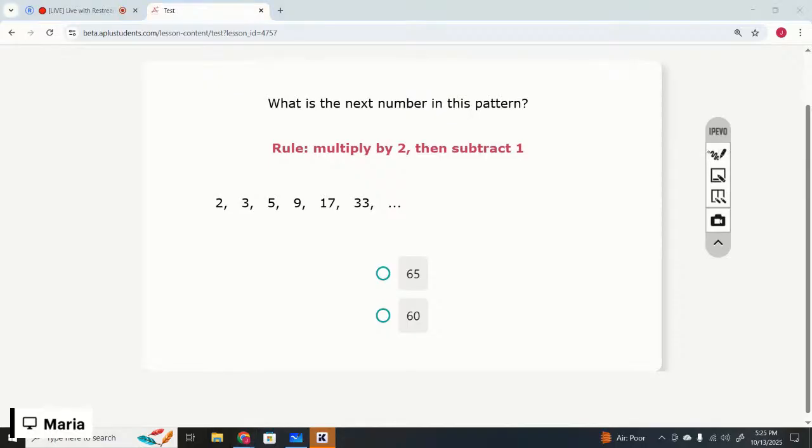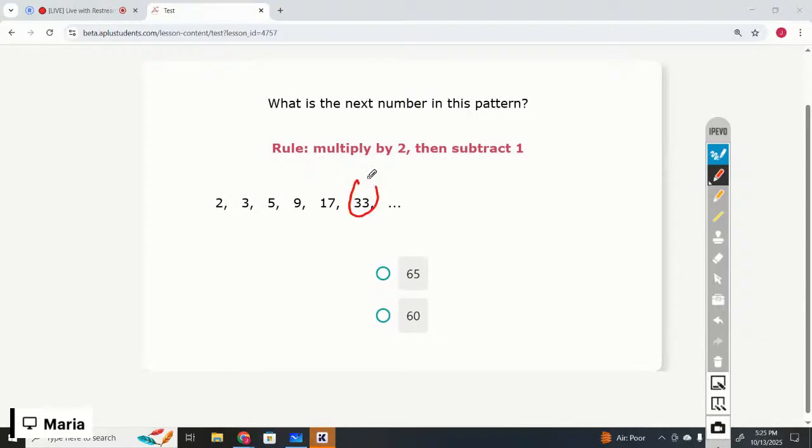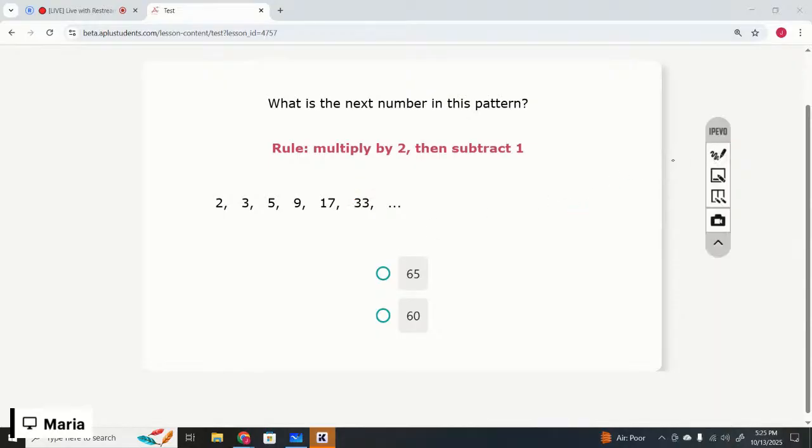You need to multiply the last number by 2 and then subtract 1. 33 multiplied by 2 is 66. 66 minus 1 is 65. That is 65. Option number 1 is the correct option.